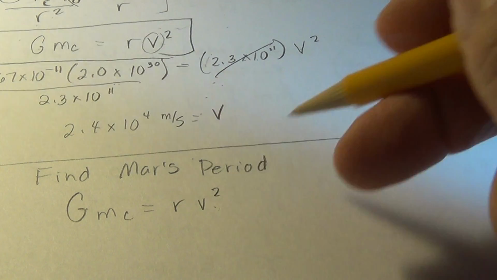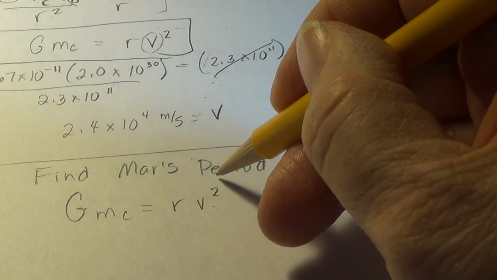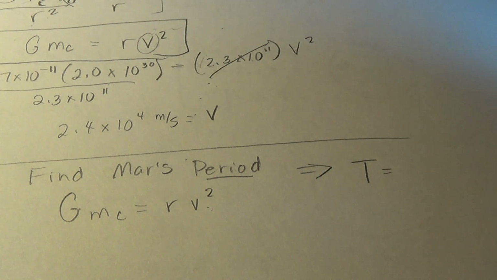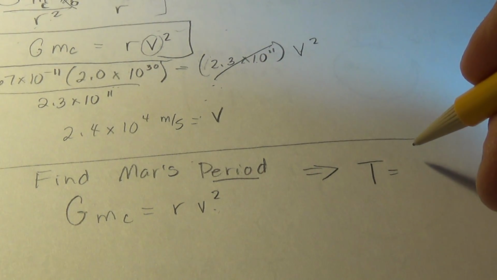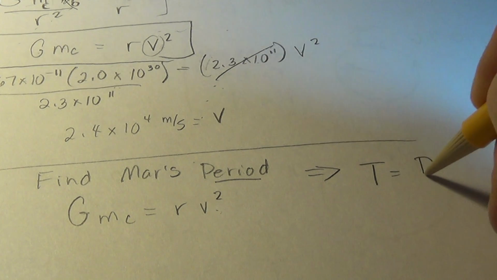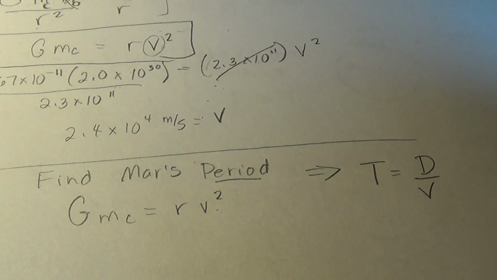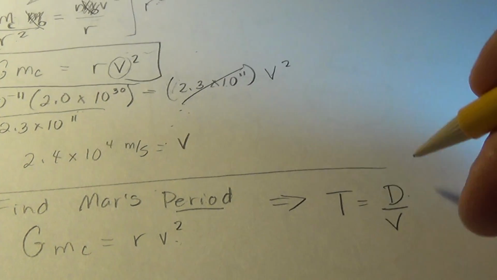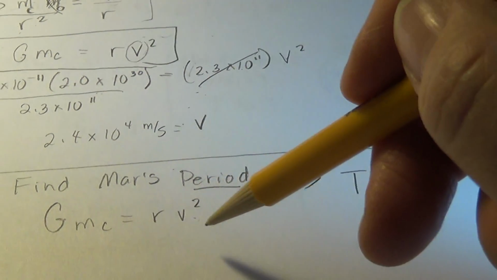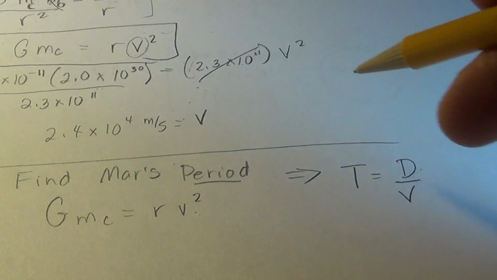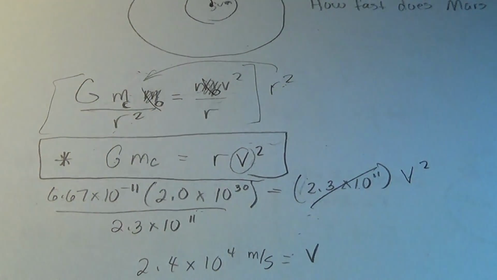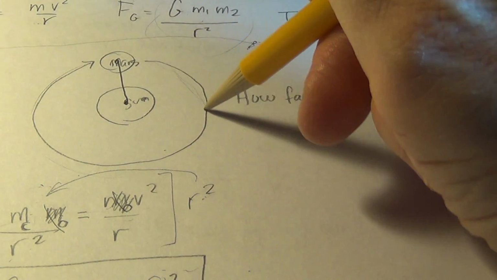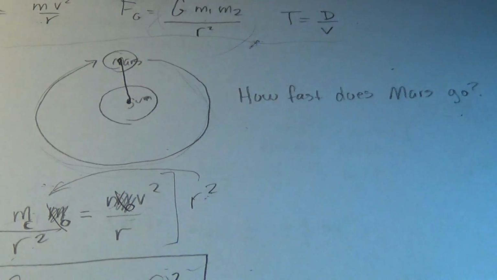So this is going to help me, but when I do this kind of problem, I want to know that time, or period, is distance divided by velocity. Now the distance is the path around. So Mars is going around. We have a picture up here. Mars is going around. So the distance is how far it is around in one cycle.